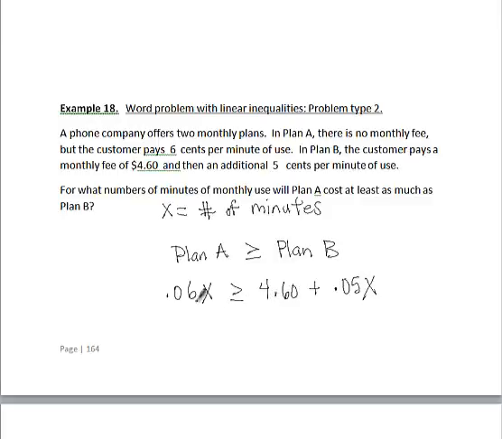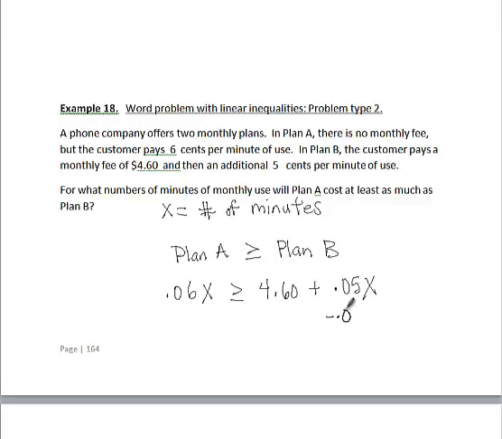Okay, at least at the lowest cost for Plan A, we are equal to Plan B. So at least as much as Plan B. Okay, when it says at least as much, that means that Plan A could be more than B. So we have variables on the left and right.